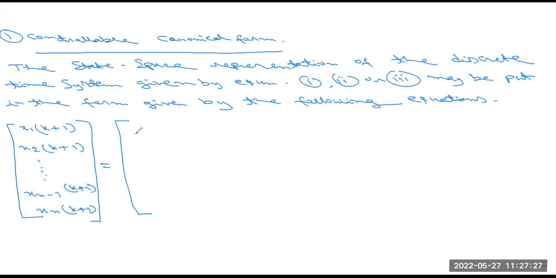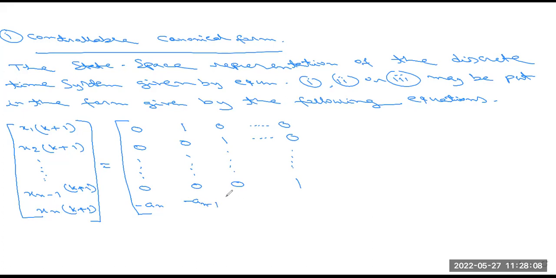Please remember everyone: 0, 1, 0, dot dot dot, that is also 0. Then 0, 0, 1, dot dot dot, that is also 0. This continues for n terms. Then 0, 0, 0, and then 1. So this is basically the standard form of the controllable canonical form.